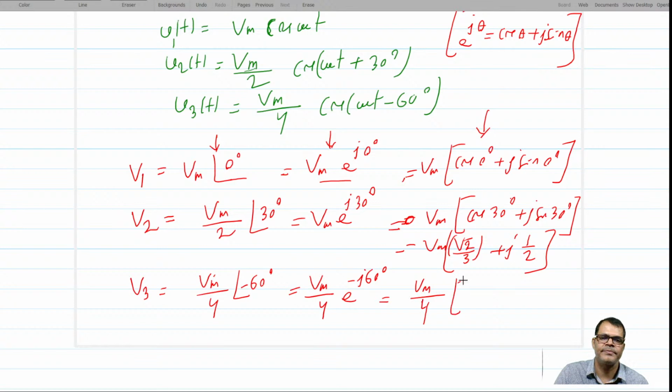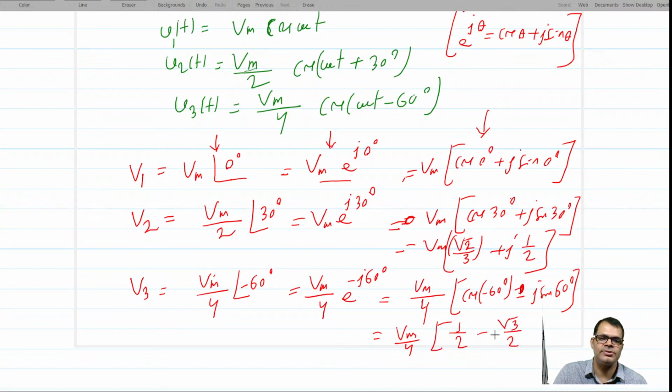For cos of minus 60 degree plus minus j sin of 60 degree, that is Vm upon 4 times cos 60 degree, which is half, minus j root 3 by 2. Clear?